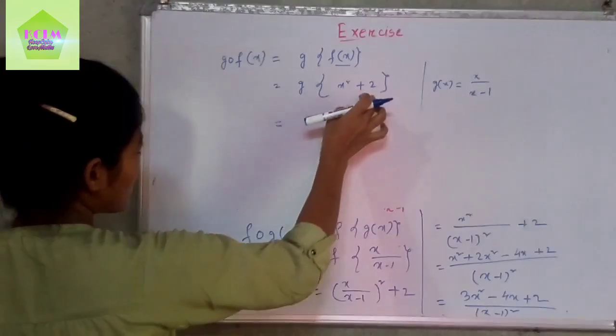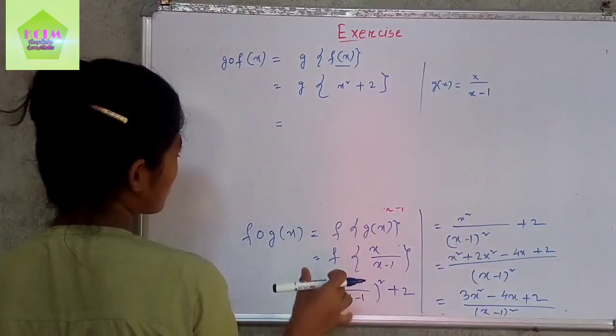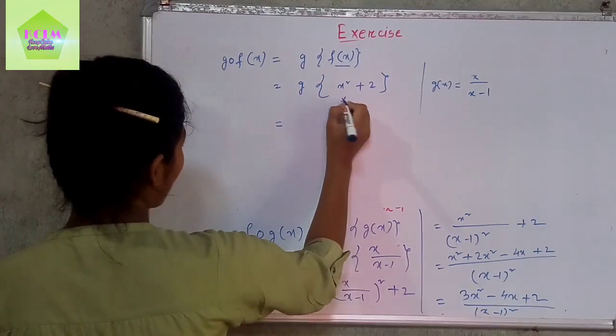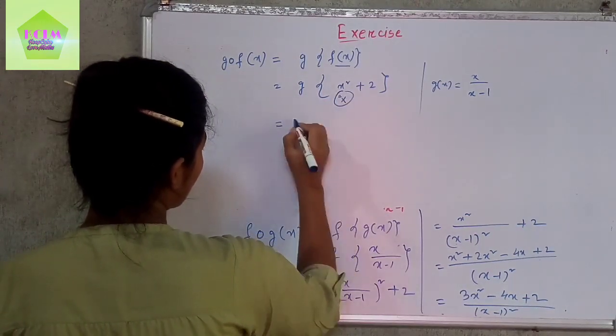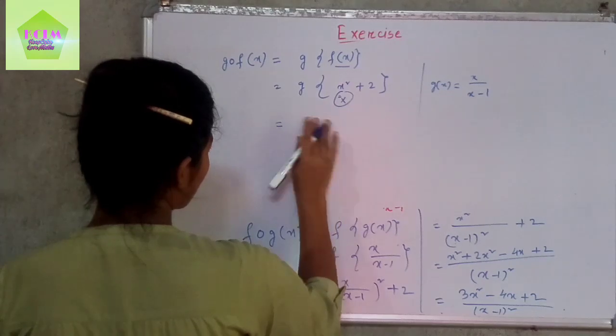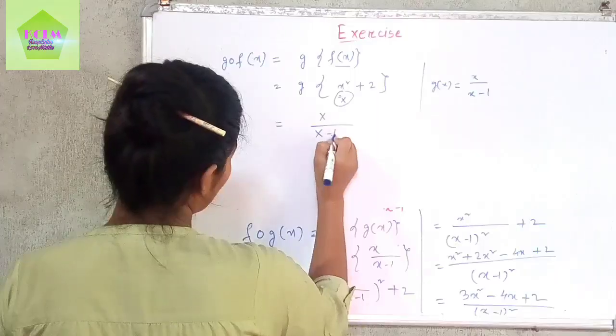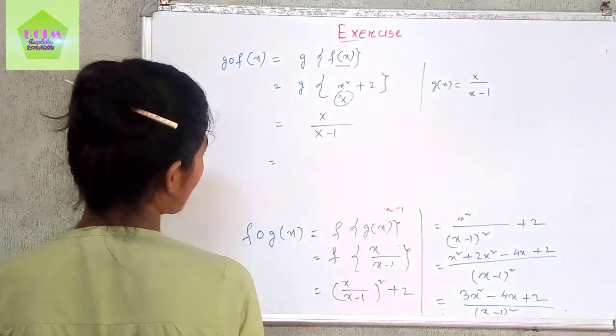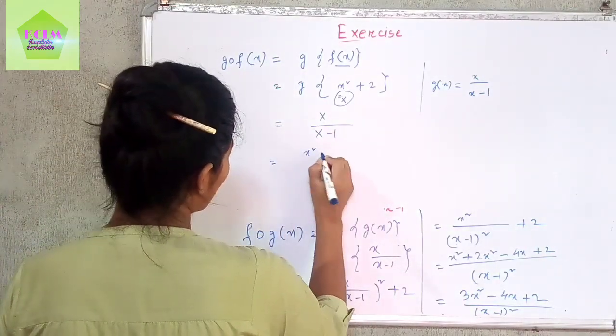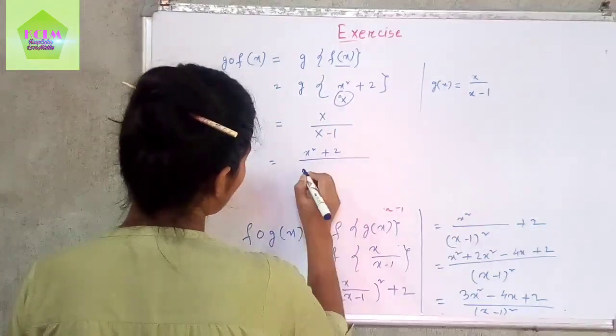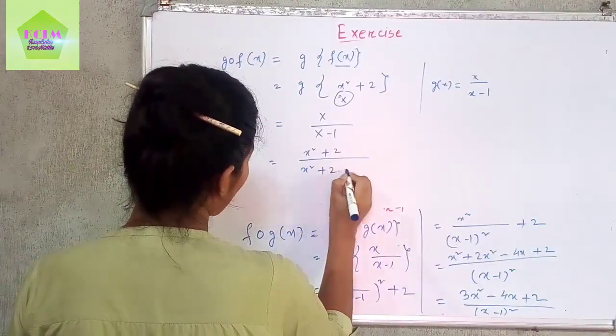So if we take x square plus 2 as capital X, then it will be X by X minus 1, but capital X is nothing but x square plus 2 divided by x square plus 2 minus 1.